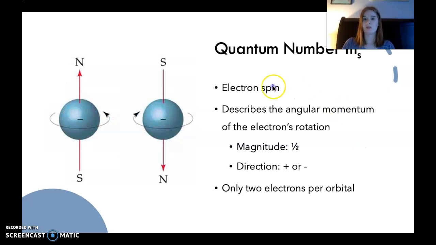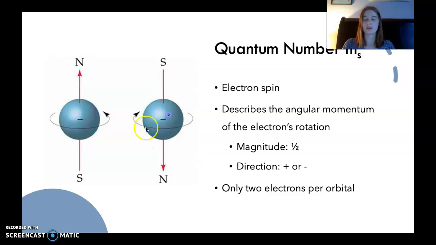Finally, the last quantum number is m sub s, and this one describes electron spin. So as the electrons are flying around the nucleus, they also have some rotation occurring around their own axis. So kind of think about the Earth as it's revolving around the sun. It also spins on its own axis to give us days and nights.